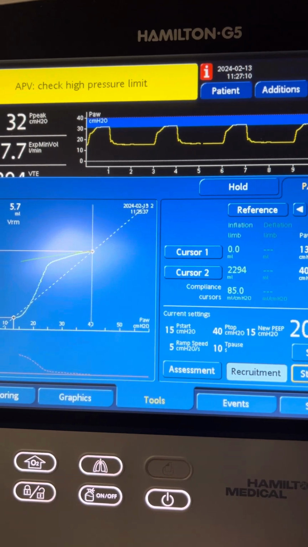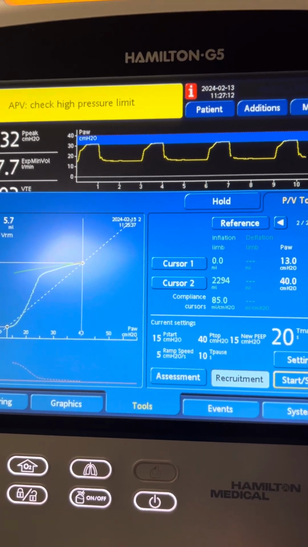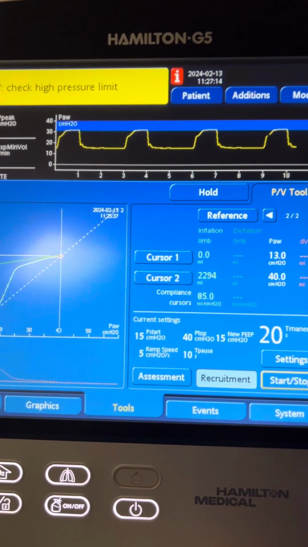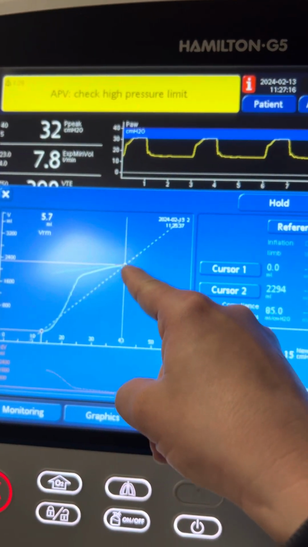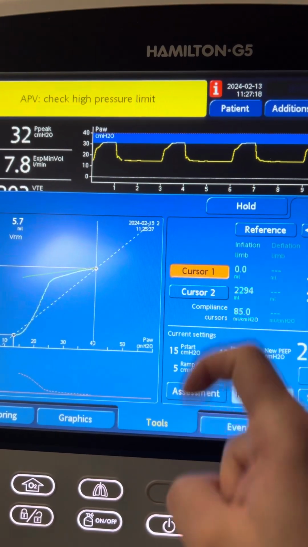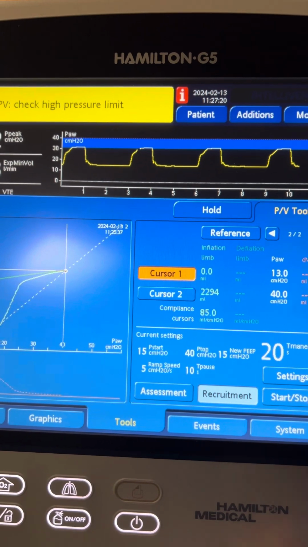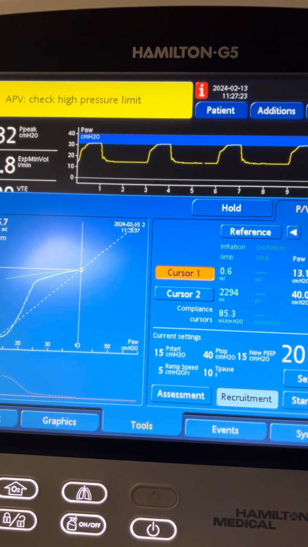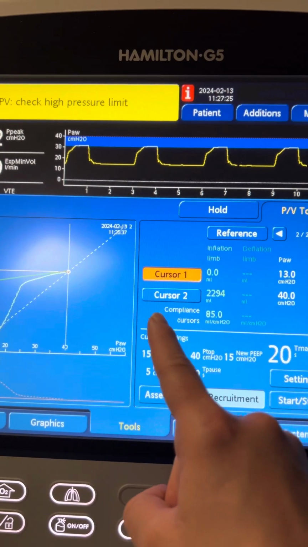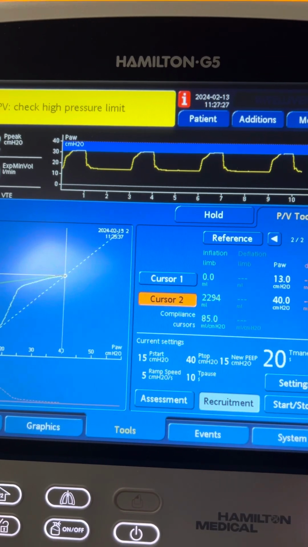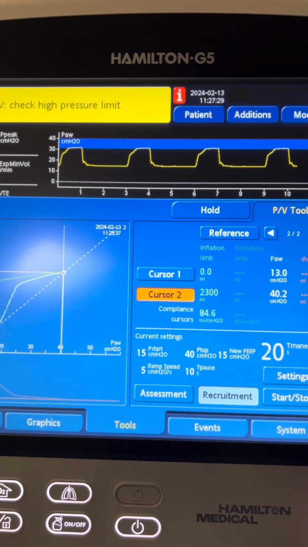So you'll just see that stitching pattern there, and then typically you would measure the difference in those volumes between inflation and deflation limb using your two cursors. We're not going to see a huge difference here since we just have the one lung.